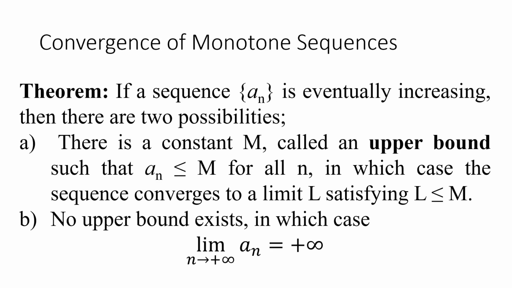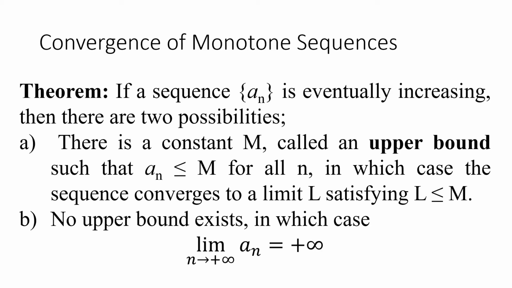So let's have convergence of monotone sequence. The following theorem will show that a monotone sequence either converges or becomes infinite. Divergence by oscillation cannot occur. So let's have this theorem. If the sequence is eventually increasing, then there are two possibilities.